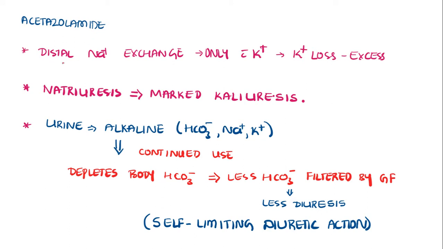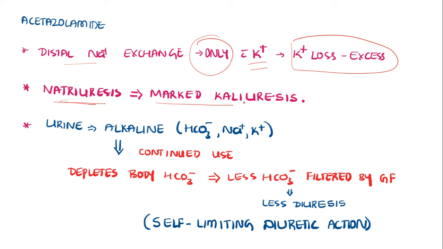Whatever sodium is not absorbed will be sent distally. In the distal part, this sodium will be exchanged only with potassium, so there will be an excess of potassium loss. So for the same degree of natriuresis, this carbonic anhydrase inhibitor will cause marked kaliuresis compared to other diuretics.